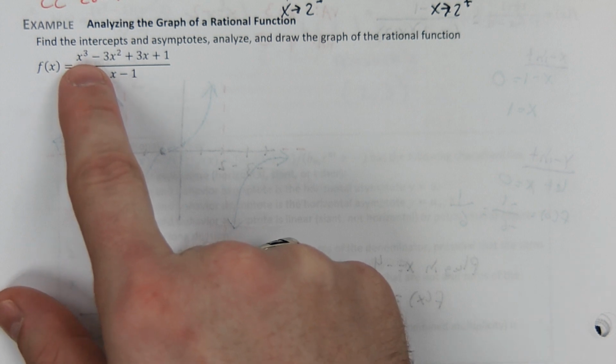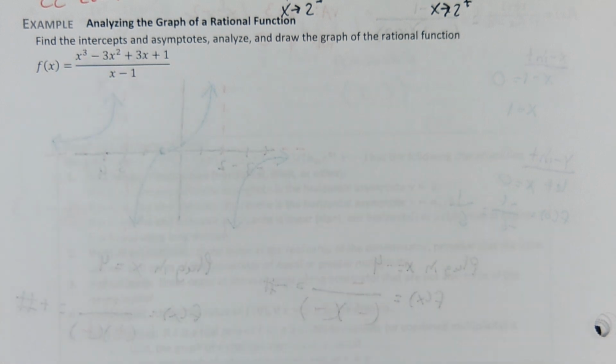It doesn't factor by grouping. It just doesn't factor, because its one solution is irrational. So when you have a single irrational solution for a polynomial, there's no way to factor it. There's nothing we could do with it.